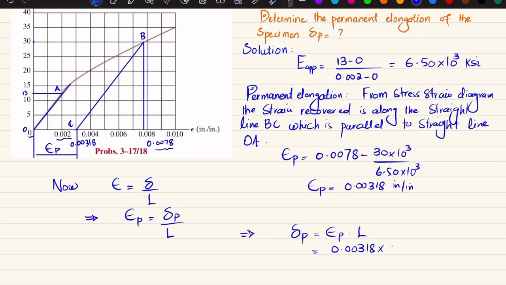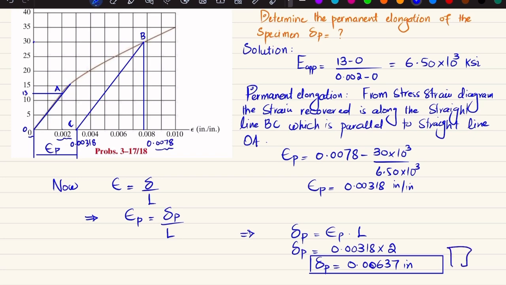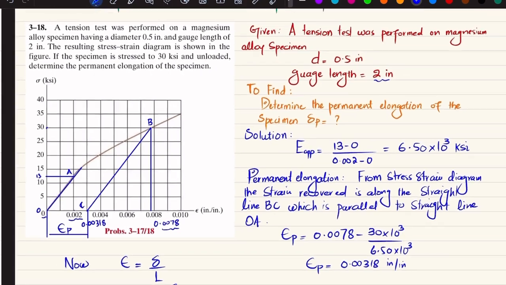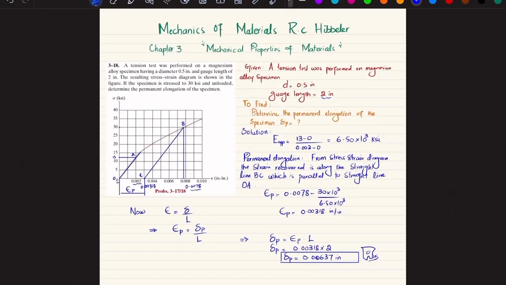So we will multiply these two, and you will get the permanent elongation, which is 0.00637 inch, the answer to this question. This will be the permanent elongation in the original gauge length of 2 inch of the magnesium alloy specimen. And that was all about this problem 3-18.